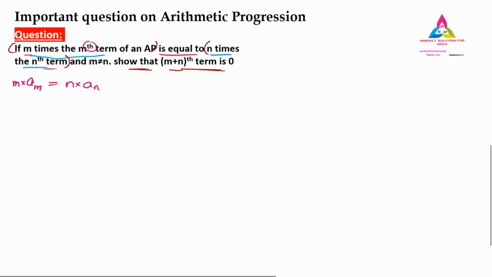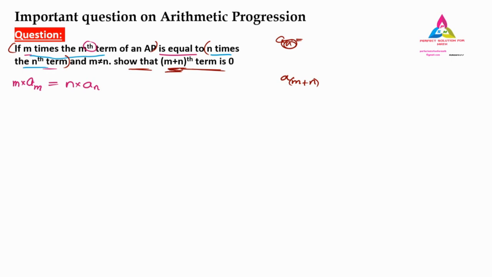What do we have to prove? We have to prove that the (m plus n)th term is 0. They have given the (m plus n)th term, so in the position of a_n, where a_n is the general form we write for the nth term, instead of n you have to write m plus n.